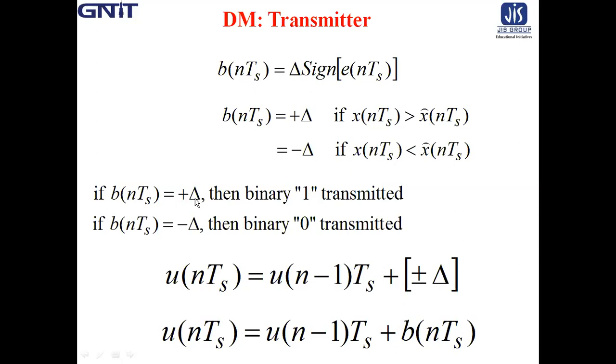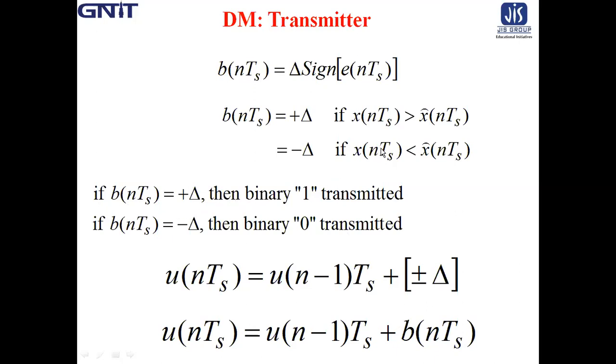So b(nTs) is plus delta, then binary 1 is transmitted. So the same theory: if the present sample value is higher than the previous sample value, then 1 is transmitted and the step size is increased by plus delta.